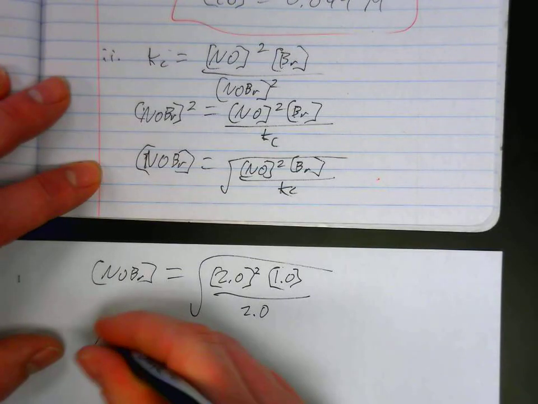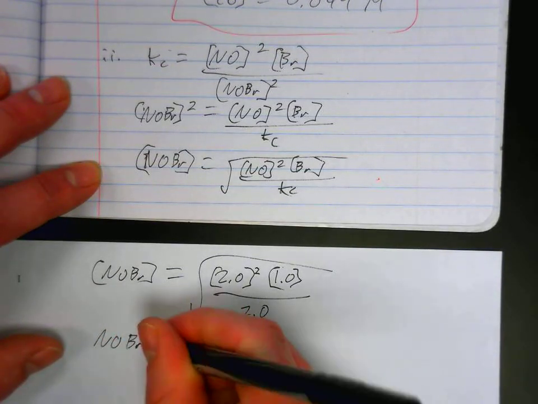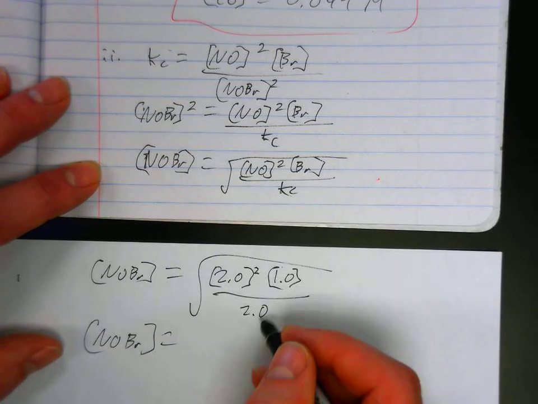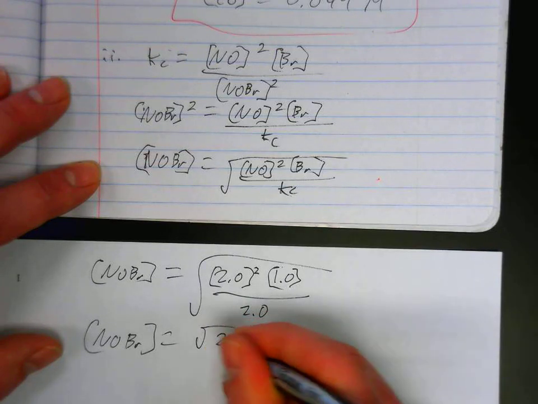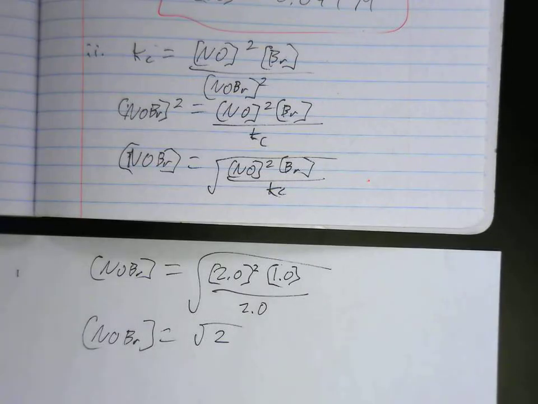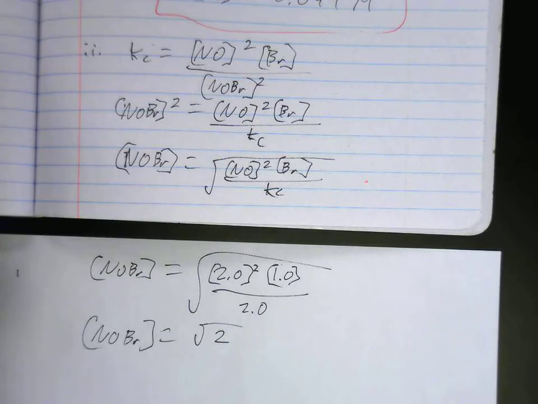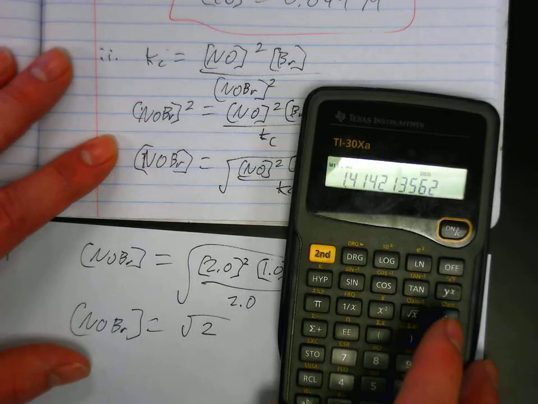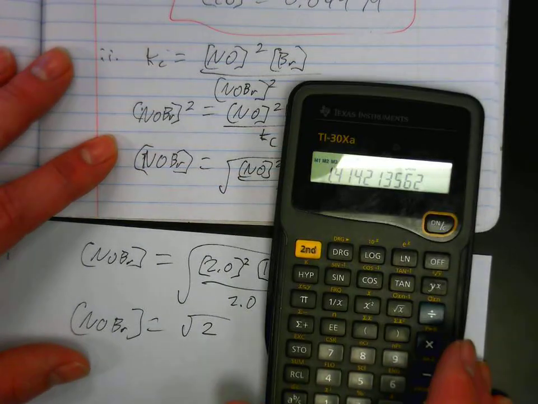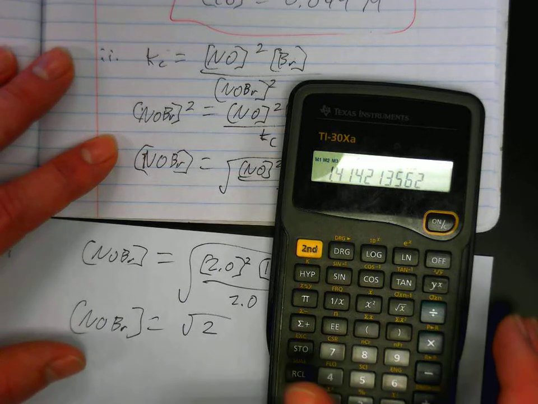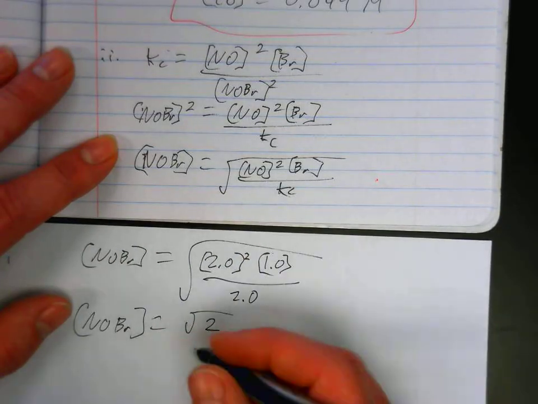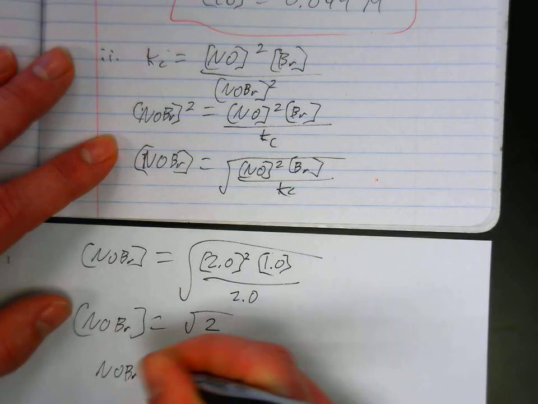So then the NOBr concentration, 2 squared is 4, times 1 is 4, divided by 2 is 2, is the square root of 2. Now in science, we don't leave that as the square root of 2. We find what the square root of 2 is. So the square root of 2 works out to 1.4, I'll round it to 2 places. So NOBr concentration is 1.4, unit molarity.